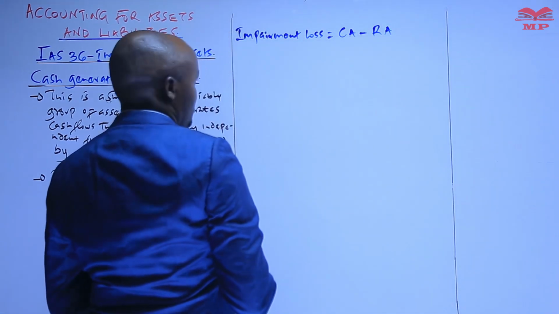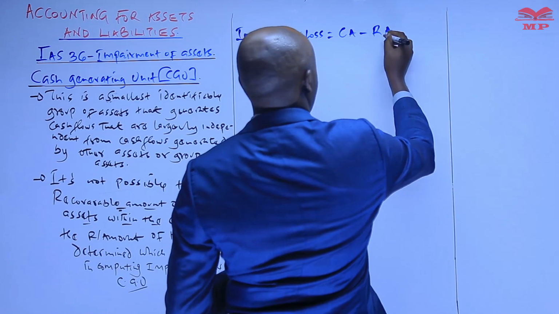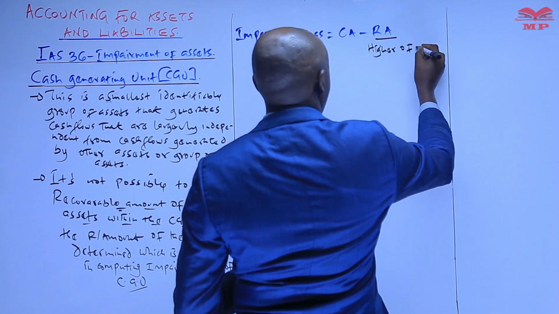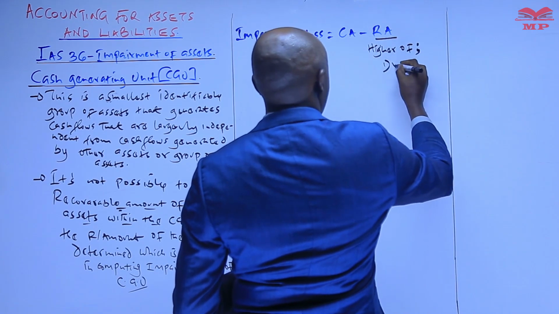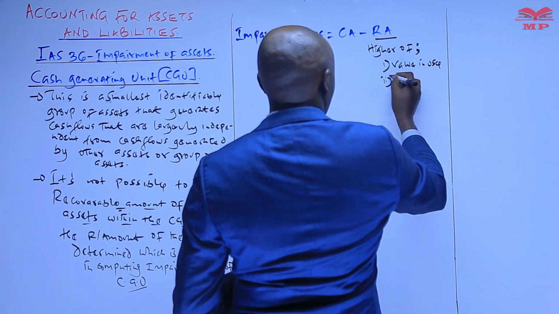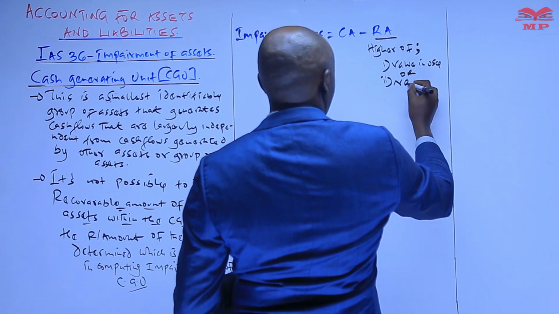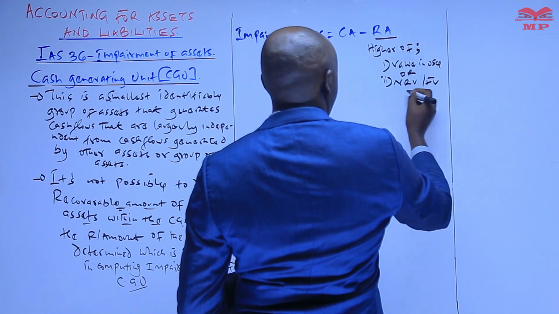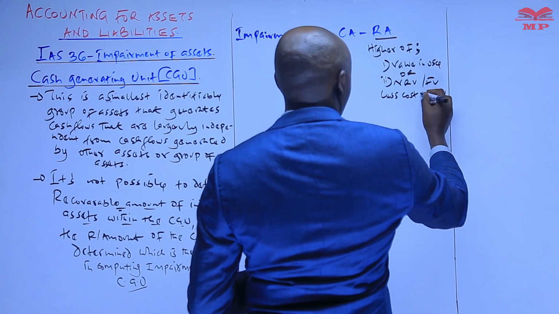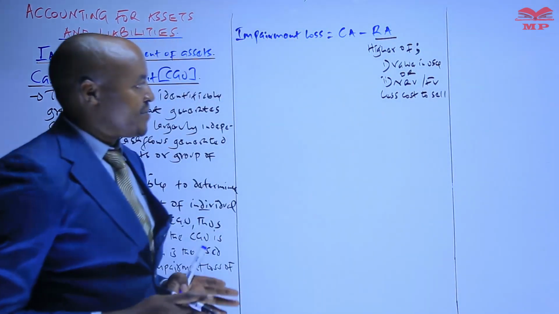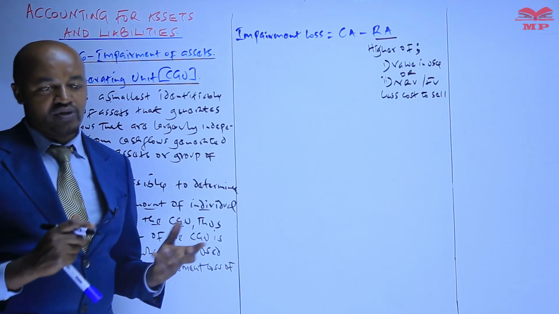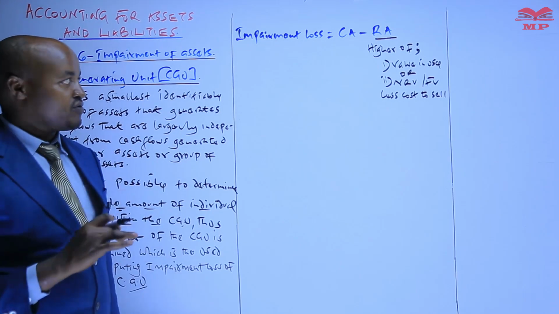And recall that the recoverable amount is the higher of two values: number one, the value in use, or number two, the net realizable value, or fair value less cost to sell. So in determining the impairment loss of a cash generating unit, we use the same approach, the same formula, as for an individual asset.